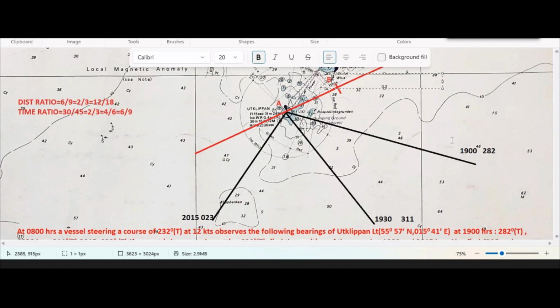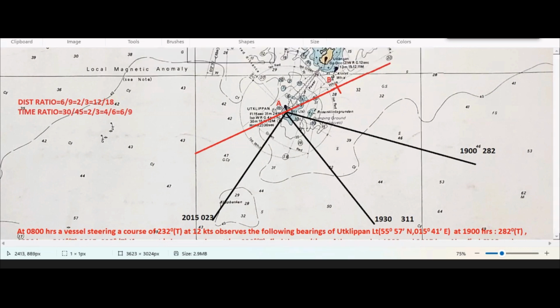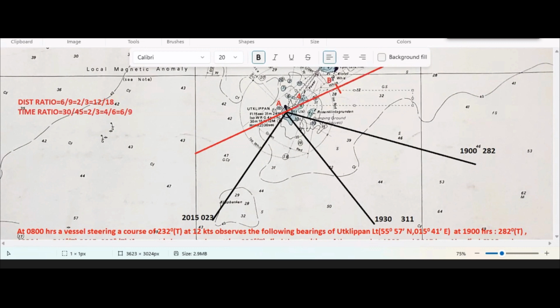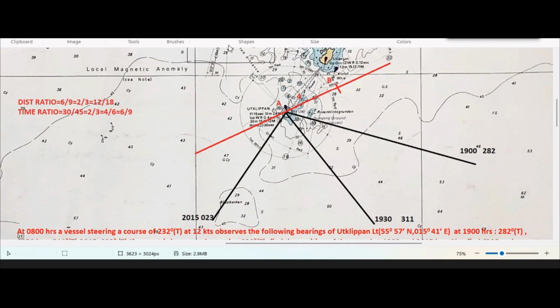The first time interval was less, so the 4/6 ratio of 4 miles will be on the lesser time interval side. So from A to B I am cutting 4 miles because I am taking the 4/6 ratio. You may do it by 6/9 or 2/3 also.